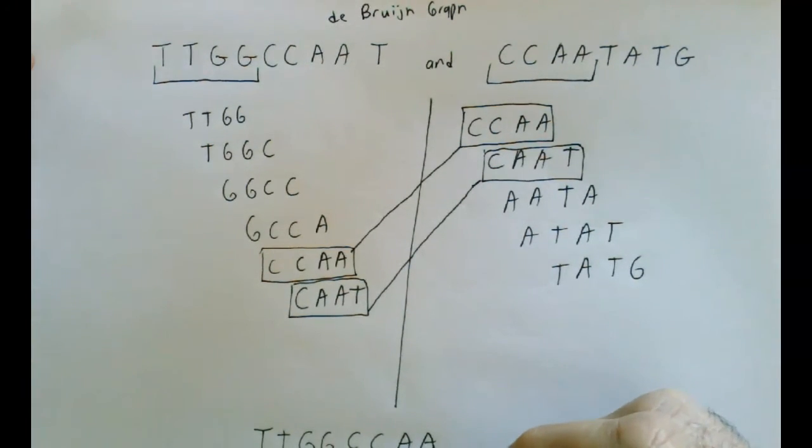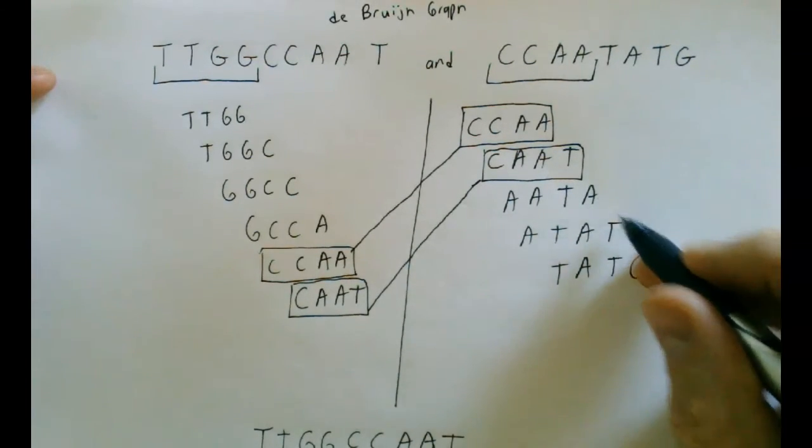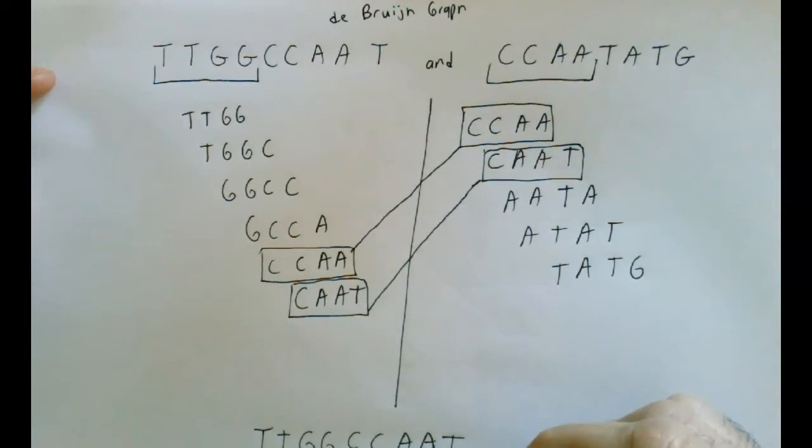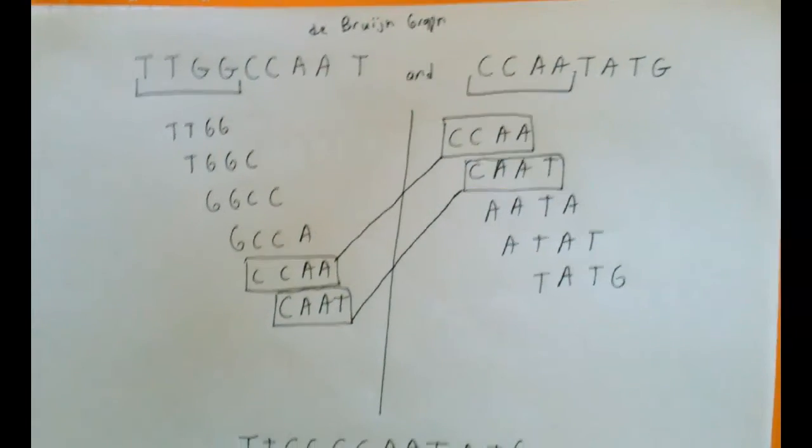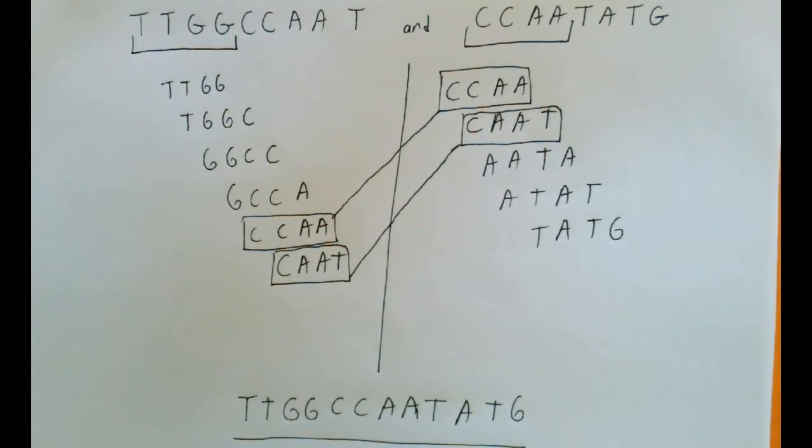So there's our T, and then all we do is write the last 3 after that, which would be an A and a T and a G, and that is the, whoop, you can't see that, sorry. That is the actual consensus sequence in a de Bruijn graph, taking 2 individual sequences to find the areas at which they overlap.